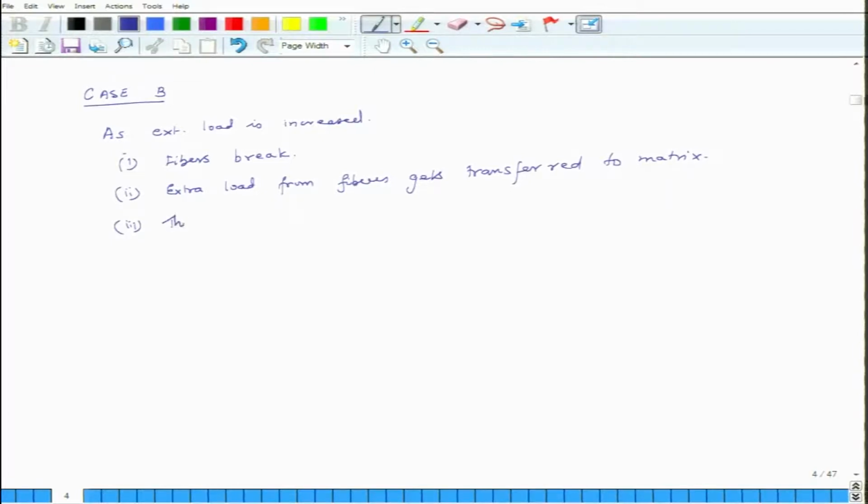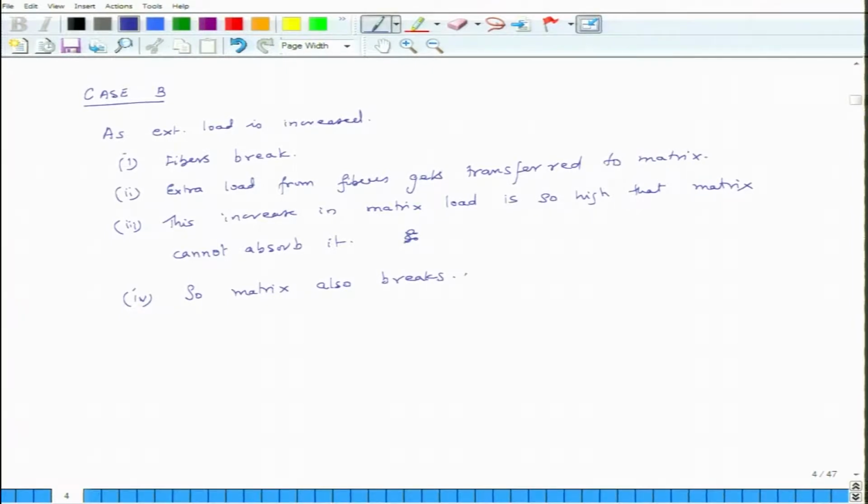Third, this increase in matrix load is so high that matrix cannot absorb it. So, fourth, matrix also breaks immediately.